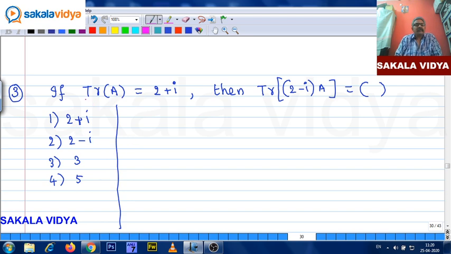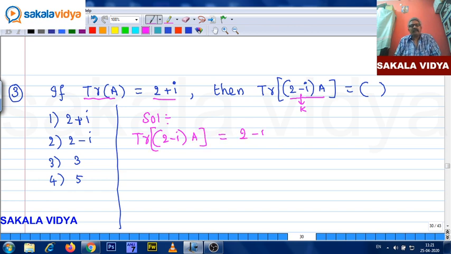Trace of A is equal to 2 plus i, then we need to find trace of (2 minus i) times A. Say this is k, so we have the same trace of kA concept. So trace of (2 minus i) A equals (2 minus i) multiplied by trace of A. So (2 minus i) multiplied by (2 plus i).